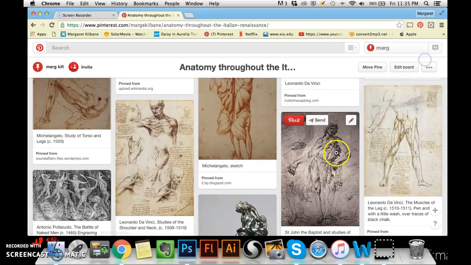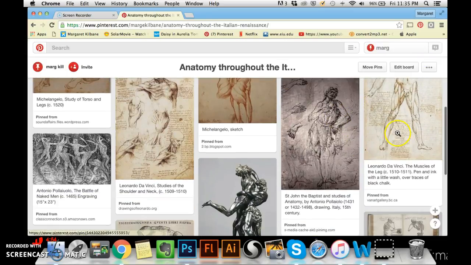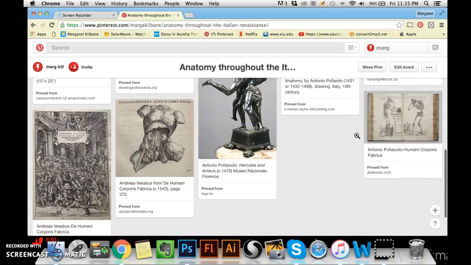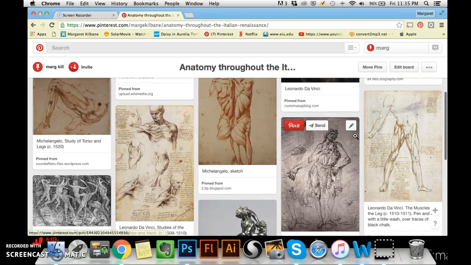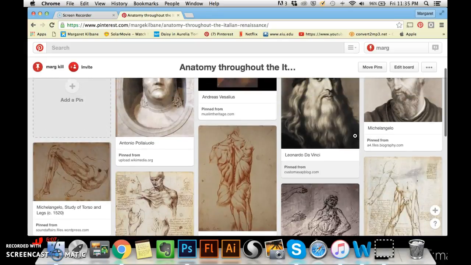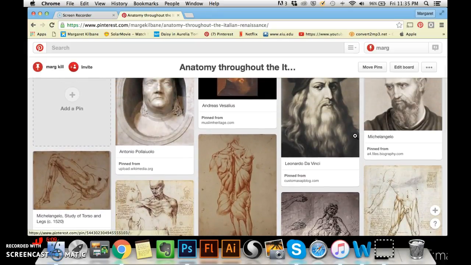And then I have another image of the leg, and I think that's all of them I have here. Okay. And he is also an engineer as well as an artist because he also did a lot of focus on how the human body functioned as well, with the organs and the heart specifically.